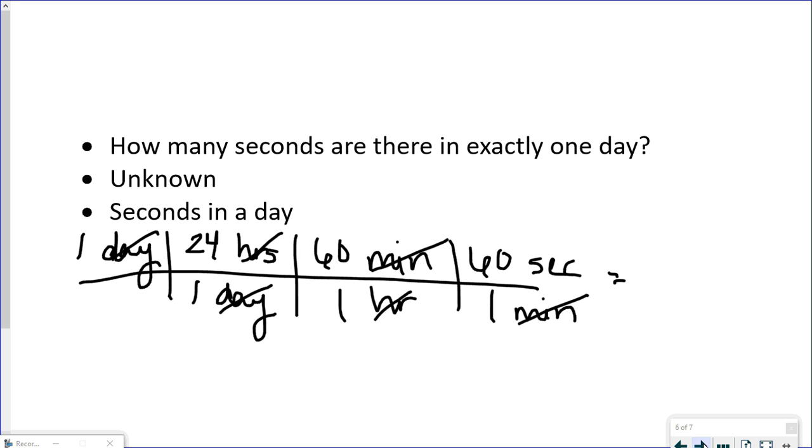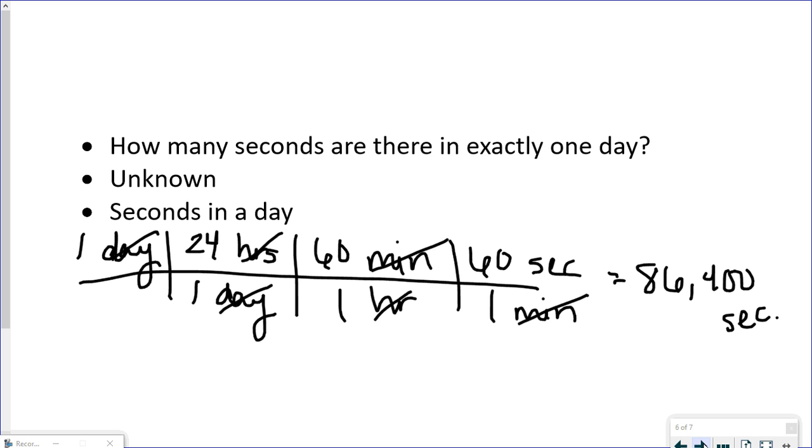You just need to put it in the calculator. So we'd say, okay, there's one day times 24 hours times 60 minutes in an hour times 60 seconds in a minute. So that's going to be a total of 86,400 seconds in a day.